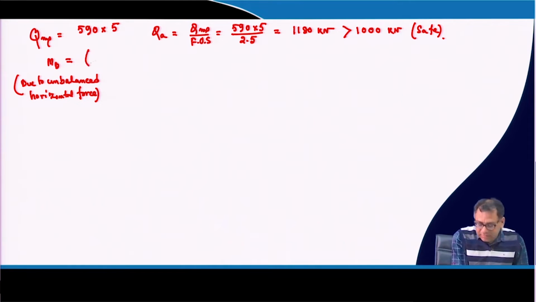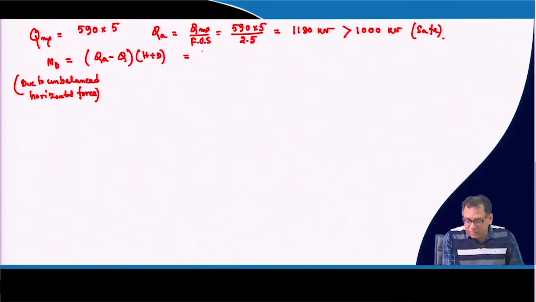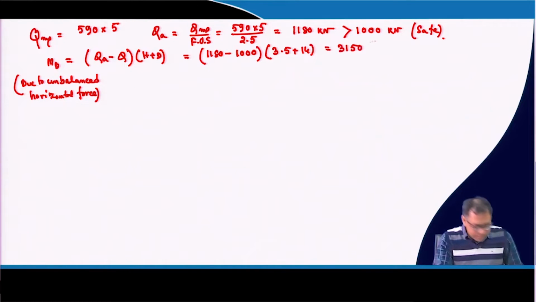That is equal to Q A minus Q into (H plus D). So, Q A is 1180 and Q is 1000. H is 3.5 and D is 14. So, this is 3150 kilonewton meter. Okay. So, due to the unbalanced force there will be a moment.